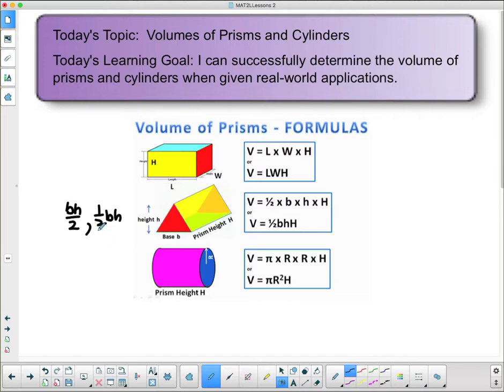So if you take a look at this, what I wrote over here is actually embedded right in our formula there. You take a half times the base times the height, and then you multiply by the height of the prism. And this cylinder, again, the face of it is a circle, so we need the formula for a circle, which is pi r squared, or pi times r squared, and it's embedded in this formula too, and then we just multiply it by the length of the prism.